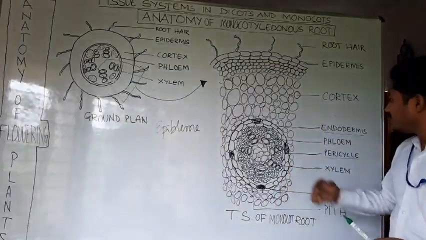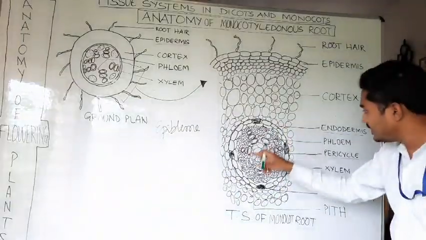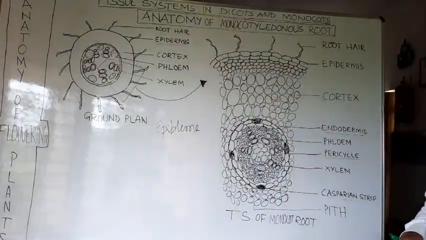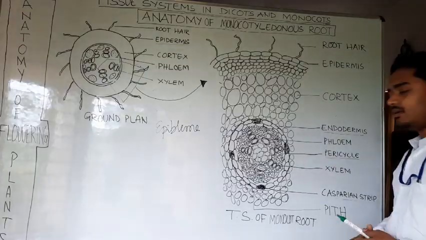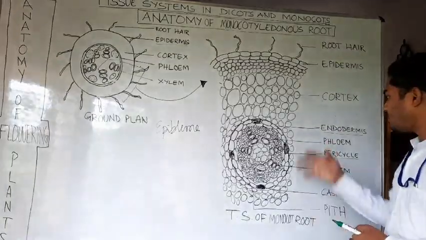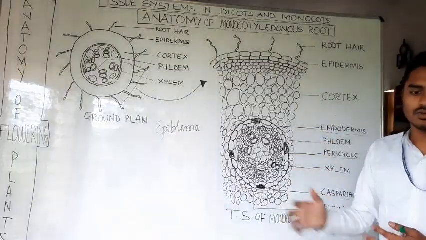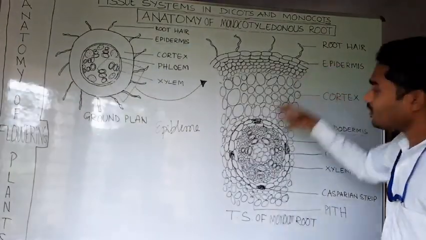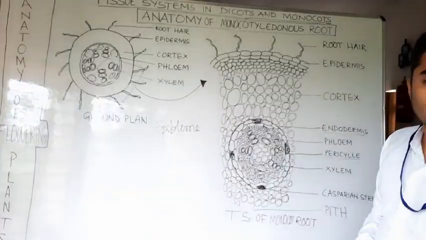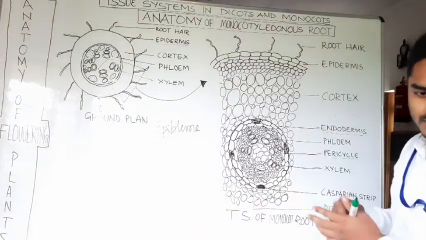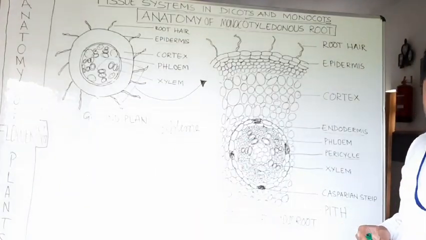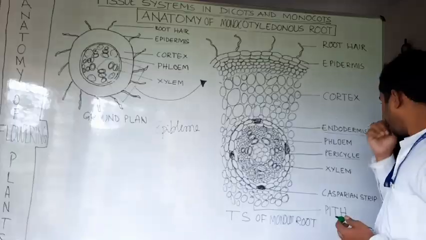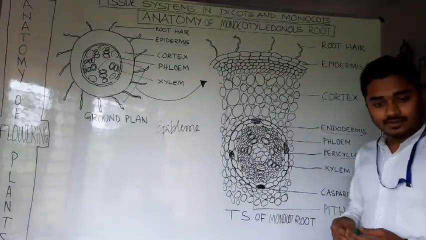Then beyond the endodermis, we will see a single layer pericycle, and the pericycle here also gives rise only to lateral roots but not to vascular cambium, and that's why in monocot roots also there is no secondary growth. Then after the pericycle we will see the vascular bundle.